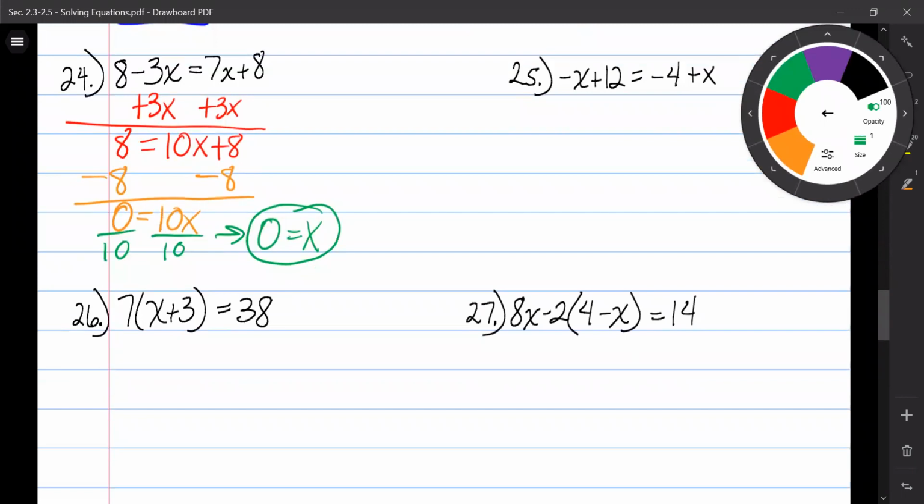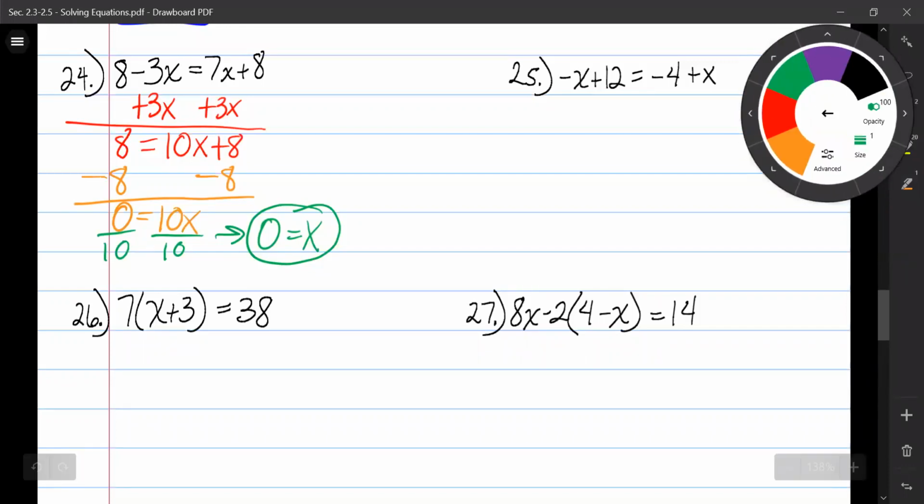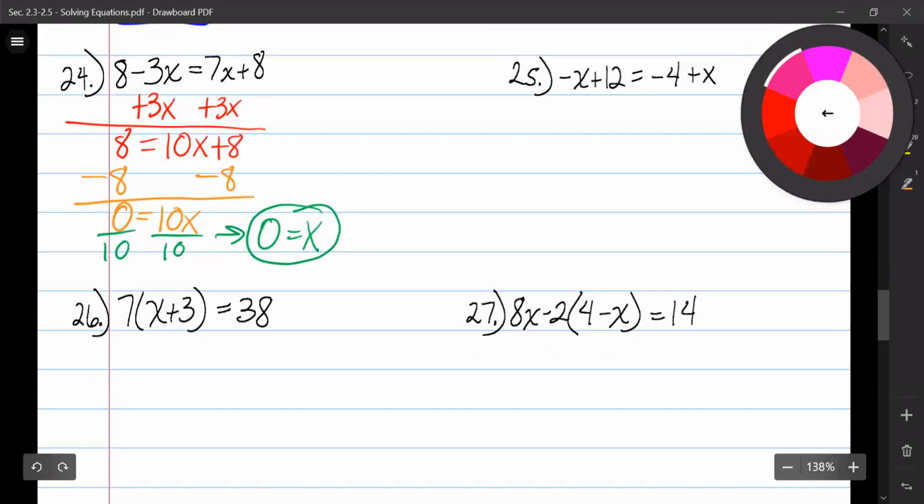Okay, number 25. Again, I've got x's on both sides. So I want to get to where I have only x on one side. So let's see. So -x is the same thing as -1x, and x is the same thing as 1x.